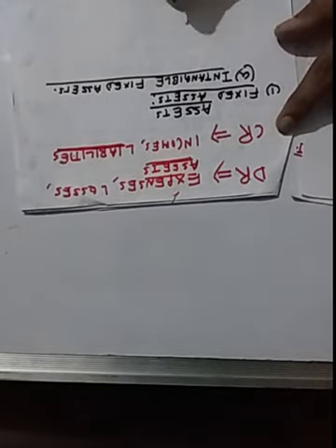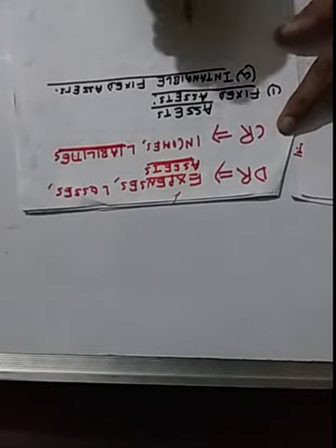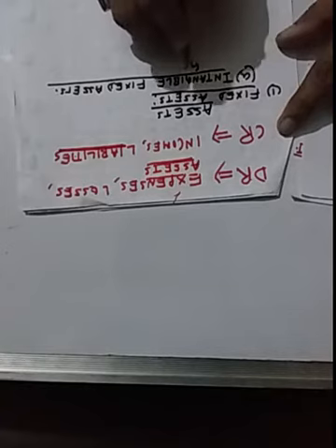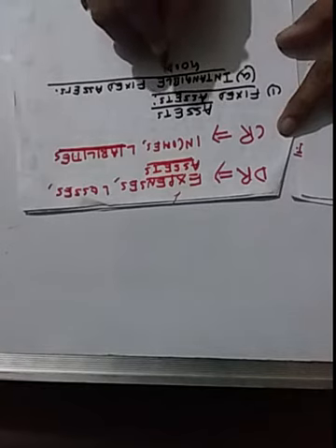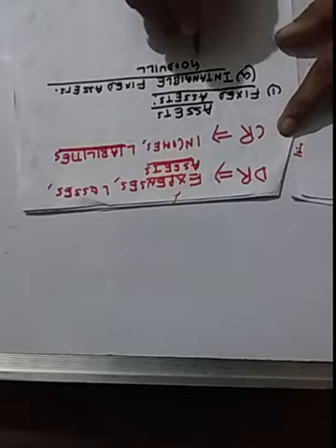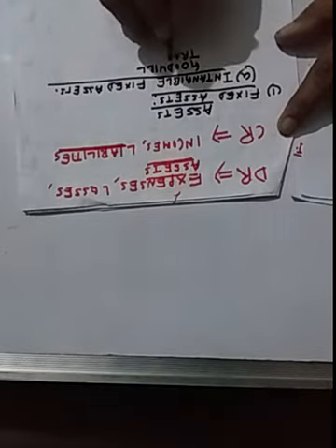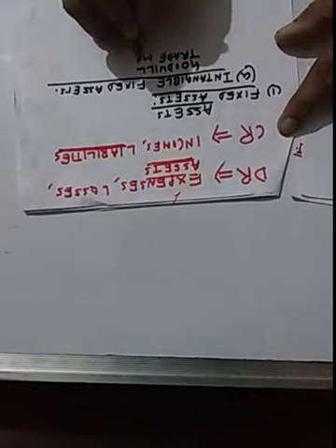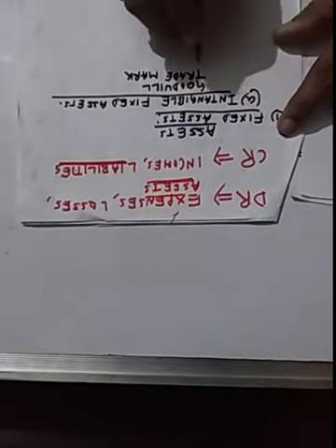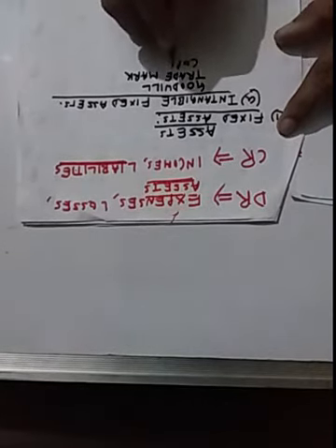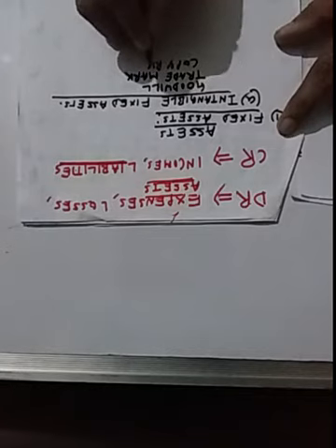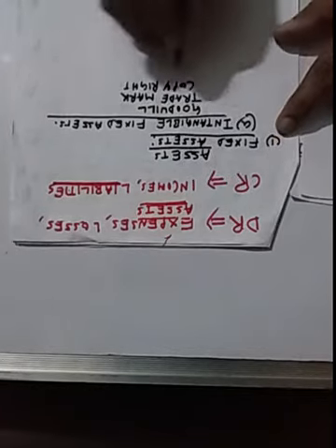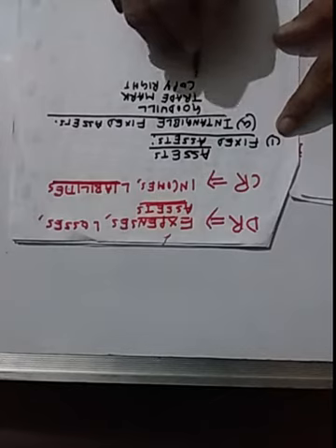So under intangible fixed asset comes goodwill, trademark, copyright, and the patent right.